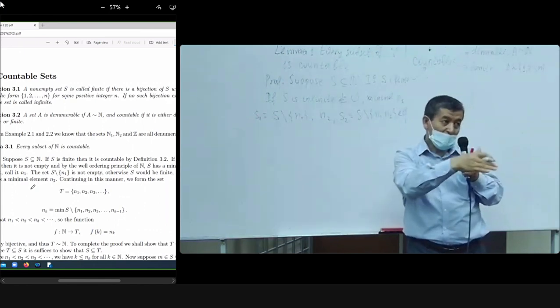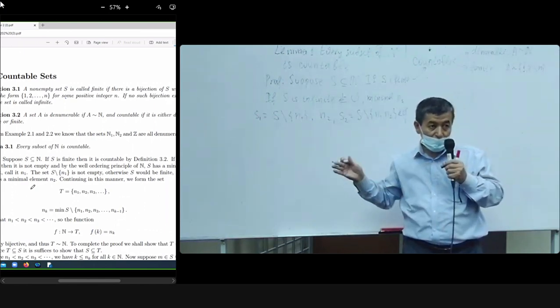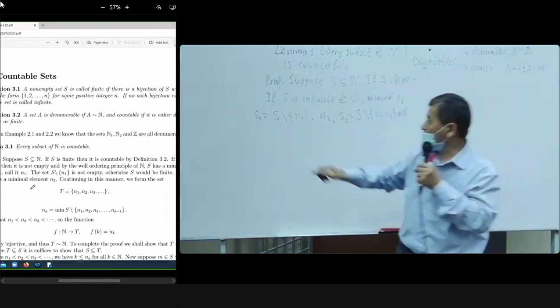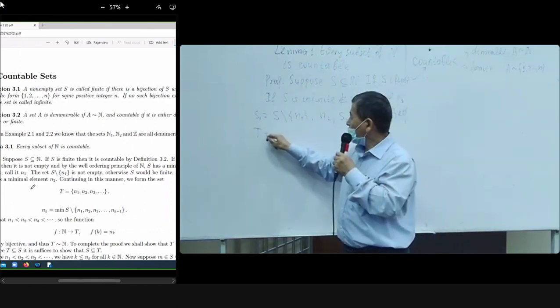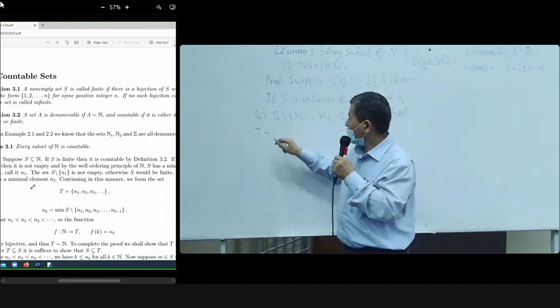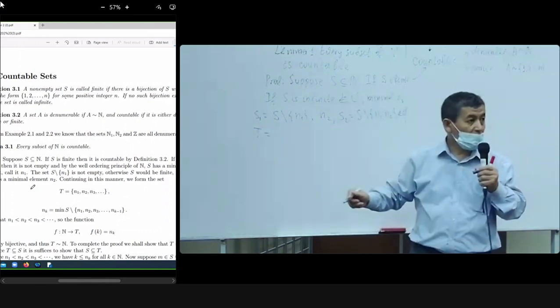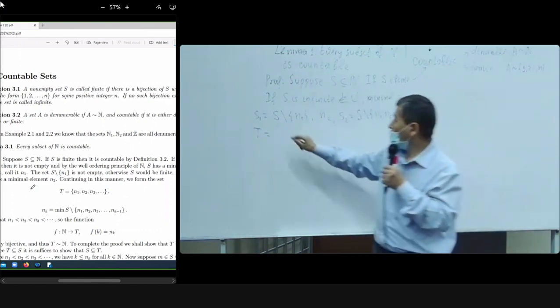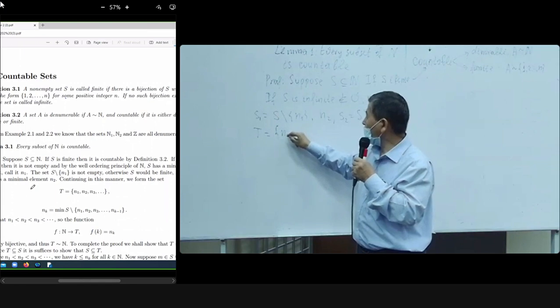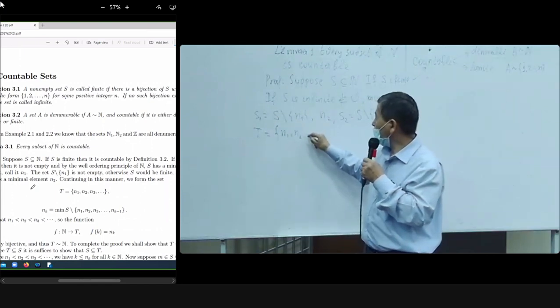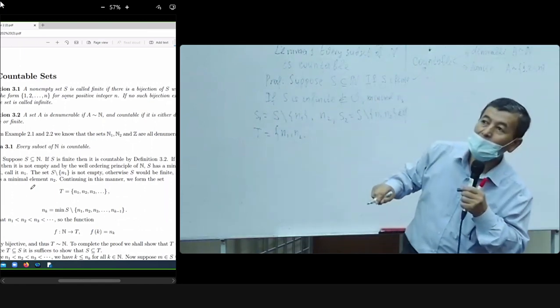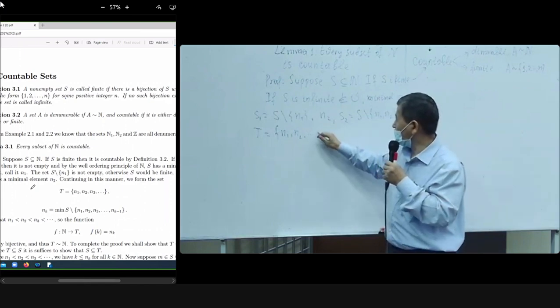So by this type of minimum element taking out, I will construct the T set consisting of n1, n2, n3, and so on. See?